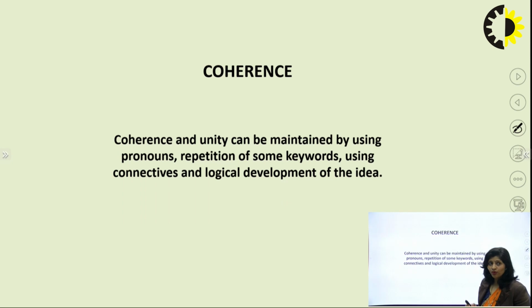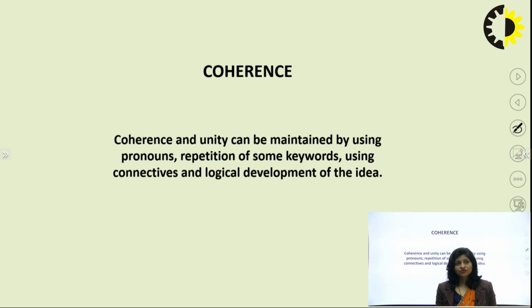And if we talk about coherence, coherence can be maintained by using pronouns, repetition of some keywords, using connectors, and logical development of the idea. Coherence is that feature which aids the reader to comprehend the paragraph easily, because it is expected that the writer writes only one single idea in a paragraph.